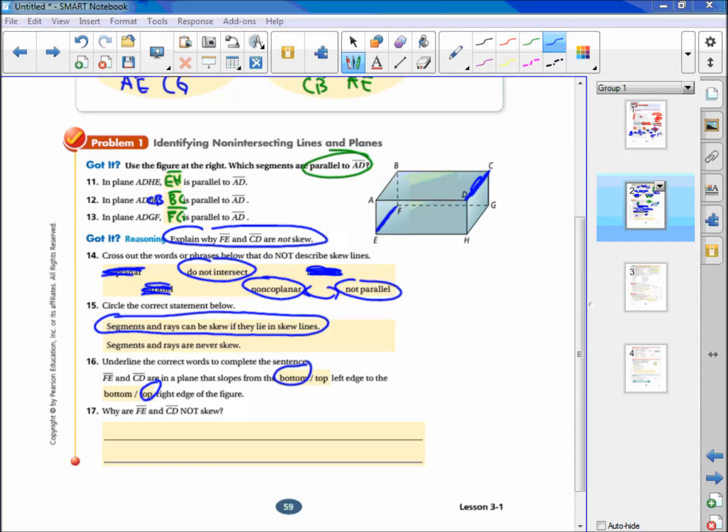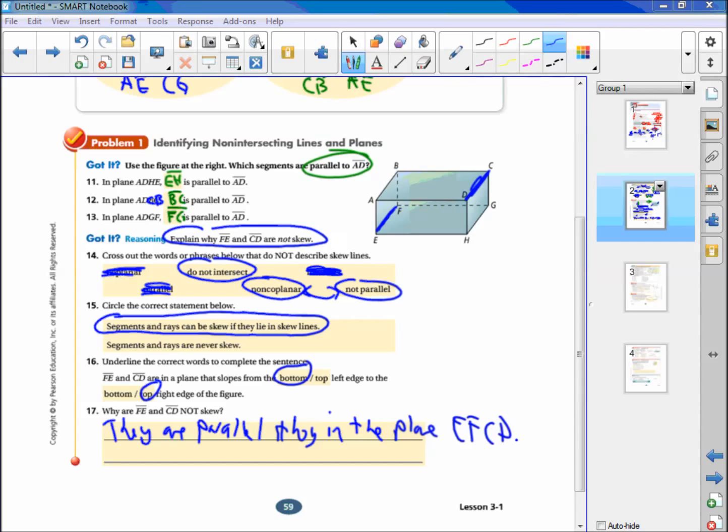All right, why are FE and CD not skew? Okay, well, they're not skew because they are parallel. Okay, they lie in the plane EFCD.